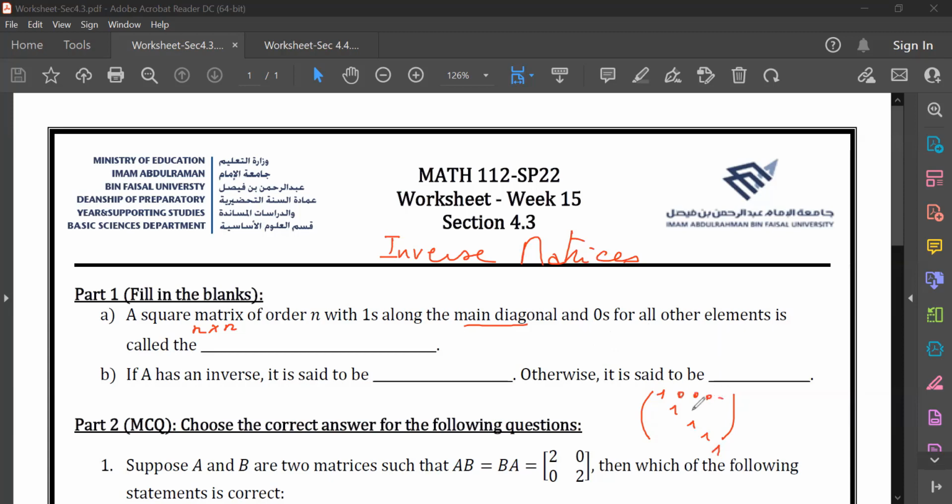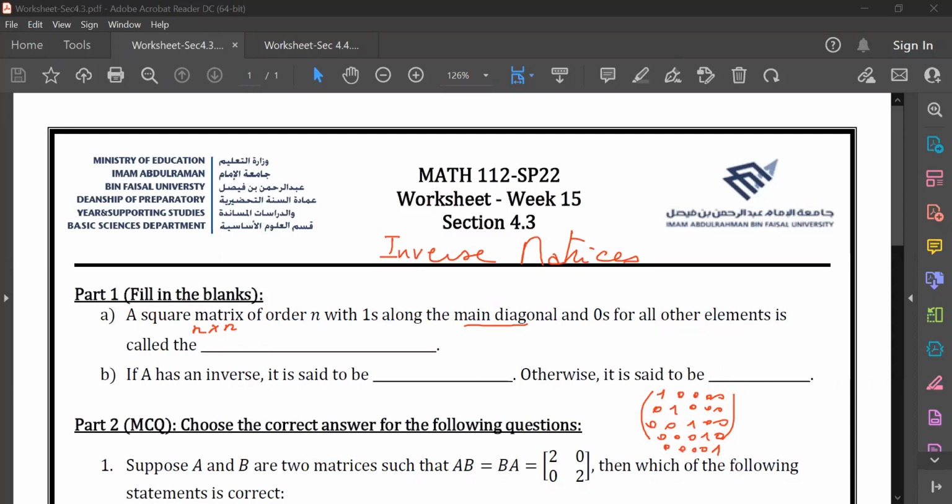All other elements are zeros. So this is the matrix. The question: how do we call this matrix? Do we know what's the name of such a matrix?